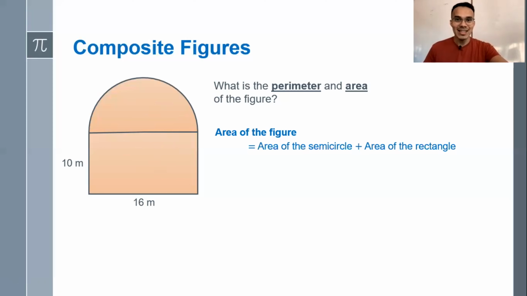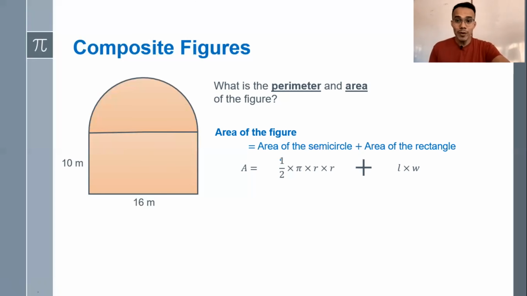Just like that. What's the formula in finding the area of a semicircle? It's 1/2 times pi times r times r. And the formula in finding the area of a rectangle is length times the width or the breadth.